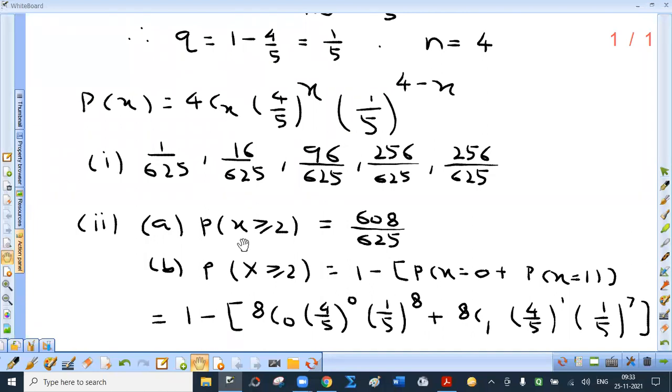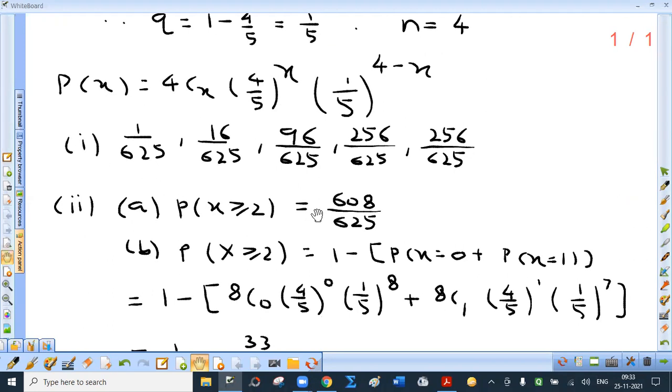The visitor obtains answer yes from at least 2. At least 2 means X is greater than or equal to 2 means 2 or 3 or 4. This is the answer.